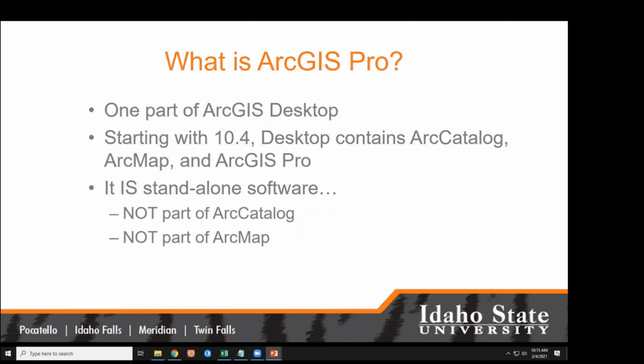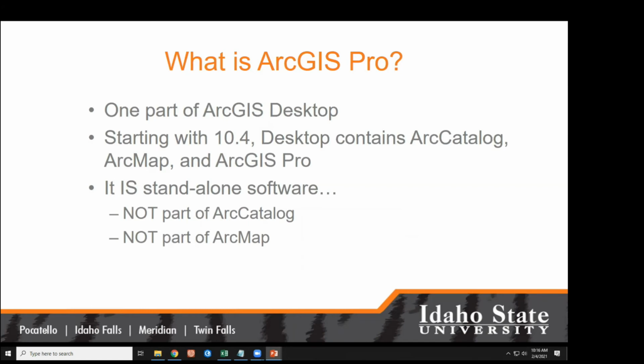Well, what is ArcGIS Pro? It is really one part of ArcGIS Desktop. Starting with, a couple of years ago, version 10.4, Desktop contains Arc Catalog, Arc Map, and ArcGIS Pro.